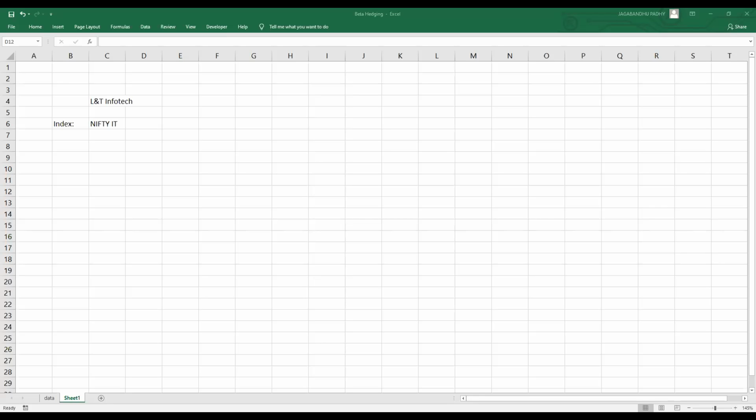Yeah, take Nifty then. Okay sir. Take the Nifty values only. If Nifty IT values are not available, go for Nifty only.